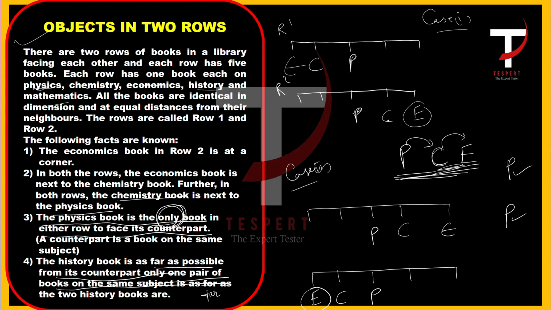So we will extend the distance between the two history books. If we place history here, then to make it as far as possible from its pair, one more history book must be here. In case 2, if history is here, then one more must be here, so it is at the maximum distance.